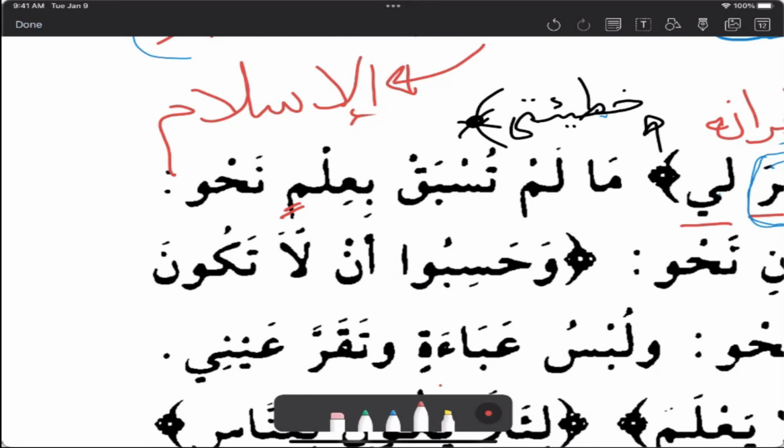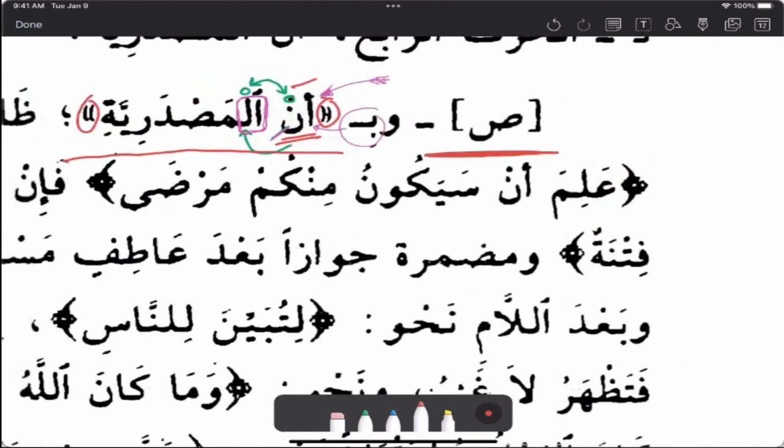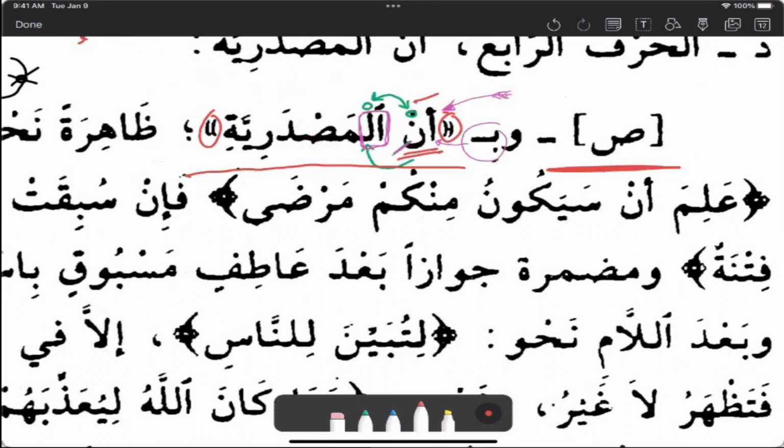As long as this n is not preceded by the meaning of knowledge, naHw, for example, علم أن سيكون منكم مرضى. That's an ayah from the Quran. Alima, he knew, that sayakunu, that there shall be, minkum, from you, marda, those who are ill in their hearts.